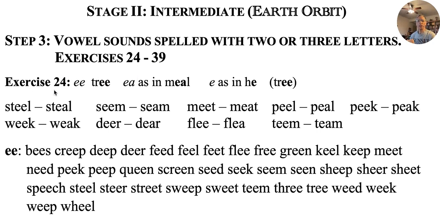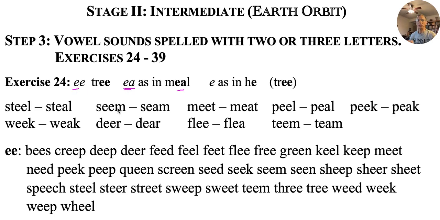Now for exercise 24, let's jump into this. We're going to be doing the EE in the word tree. Here we have 2 letters, but they only make one sound, and that sound is E. Be sure you got that. Then we have EA as in the word meal, and again it says E, so the EE and the EA.